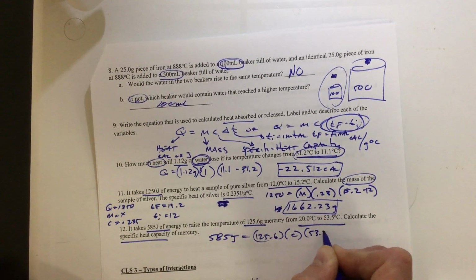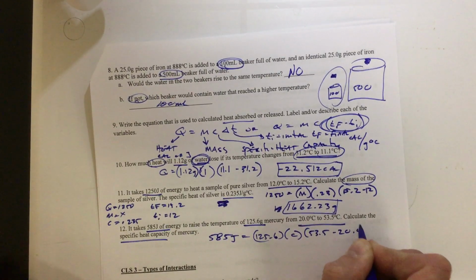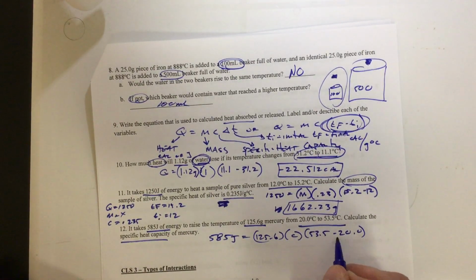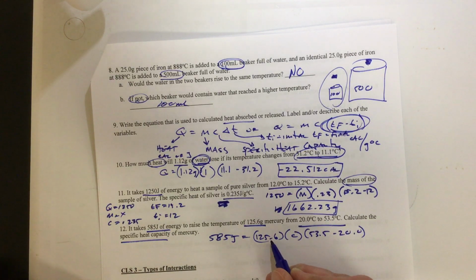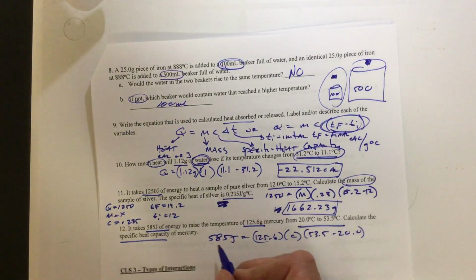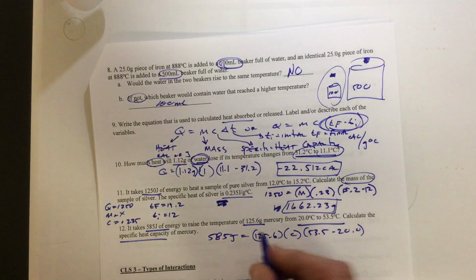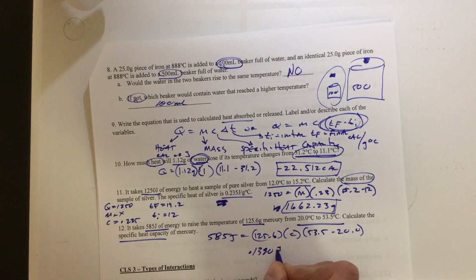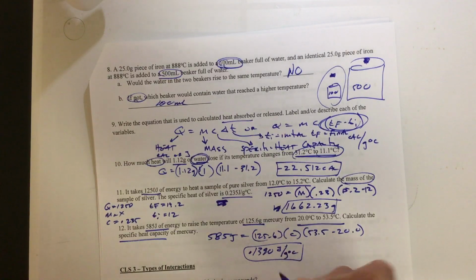I have my final. I have my initial. Great. Subtract those. Multiply that difference by 125.6. And then 585 divided by that product is going to be 0.1390 joules per degree Celsius. Or, I'm sorry, per gram degree Celsius.